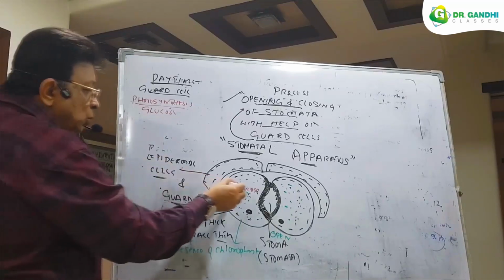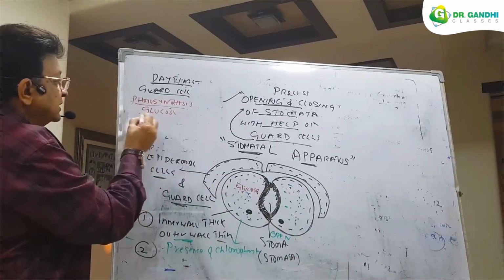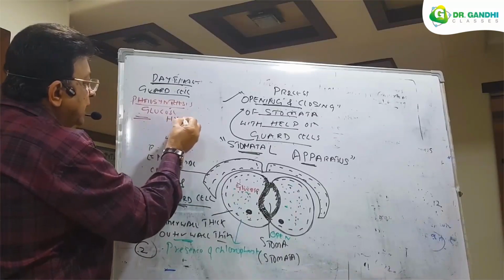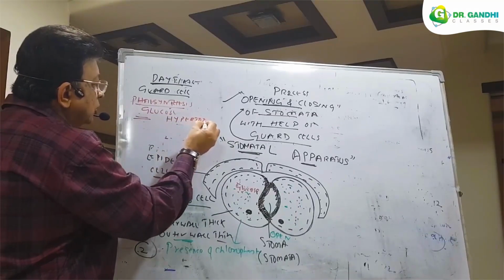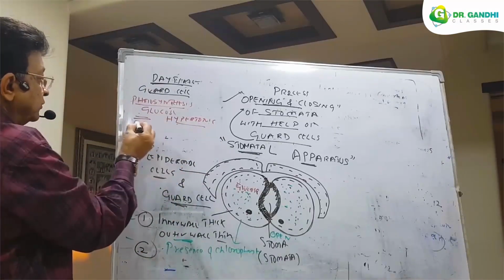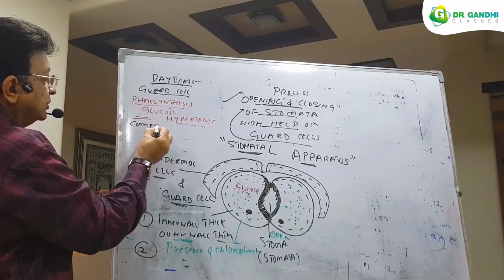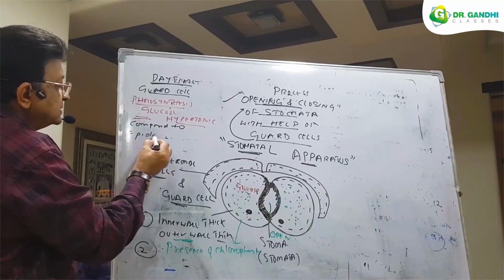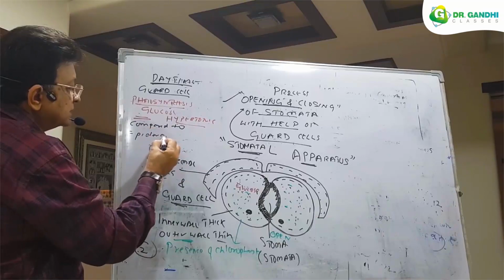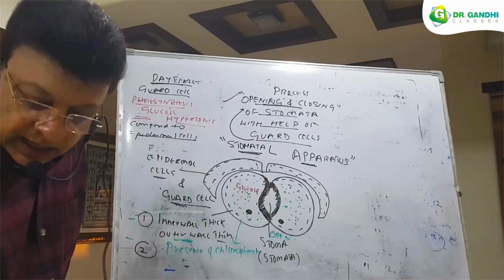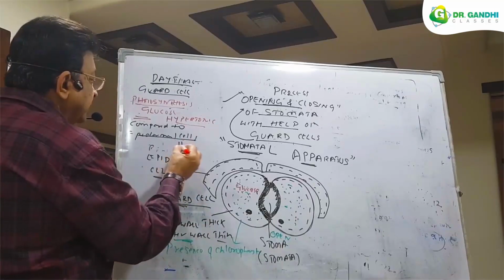Now, when the glucose is produced in the guard cells, the solution in the guard cell becomes hypertonic. Whenever you use the word tonic, you have to use the word compared to. Compared to the epidermal cells, the solution of the cell sap in the epidermal cells remains hypotonic.